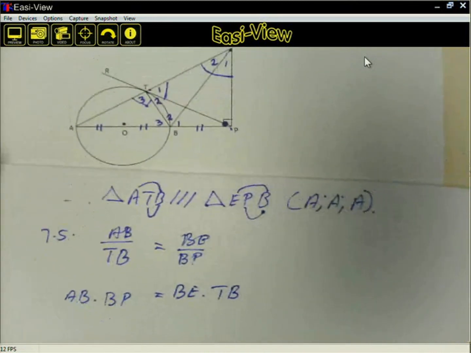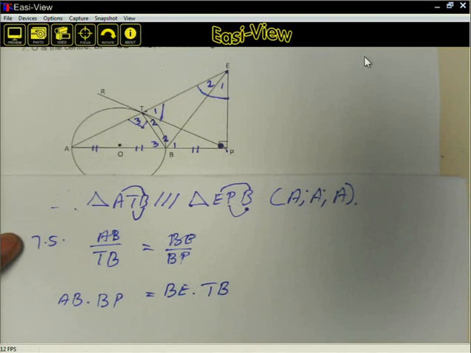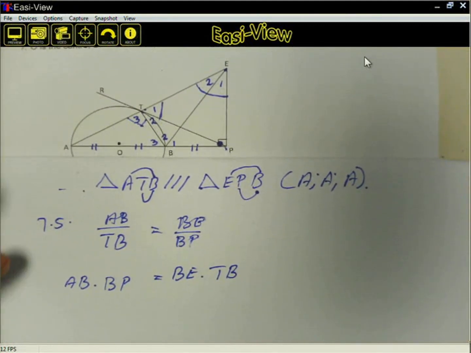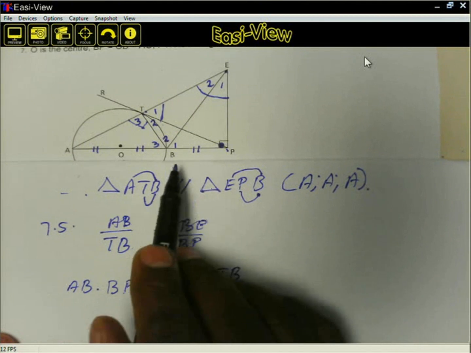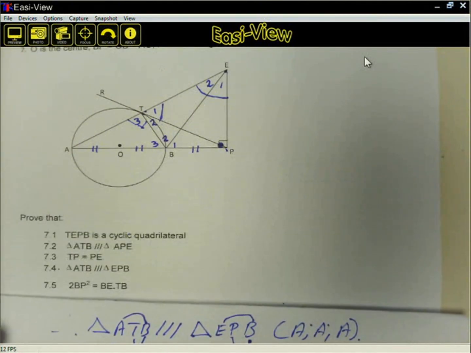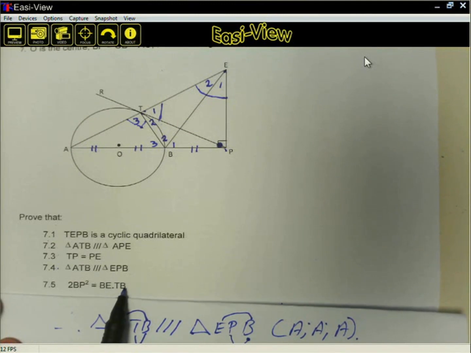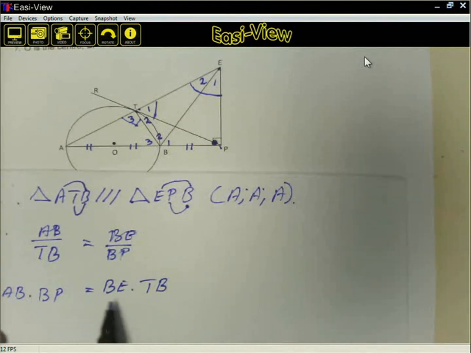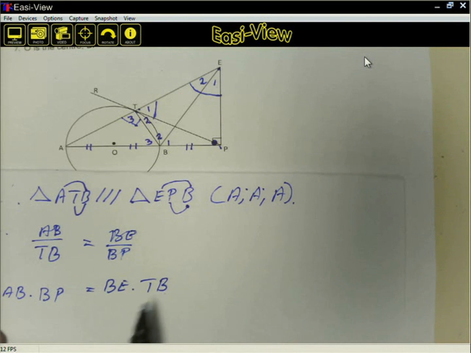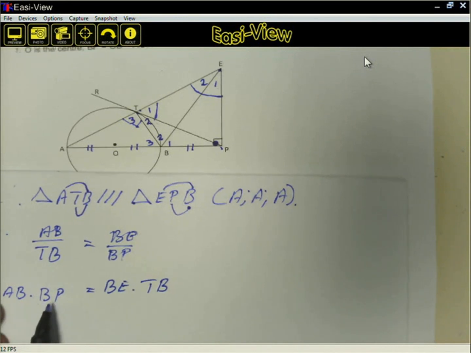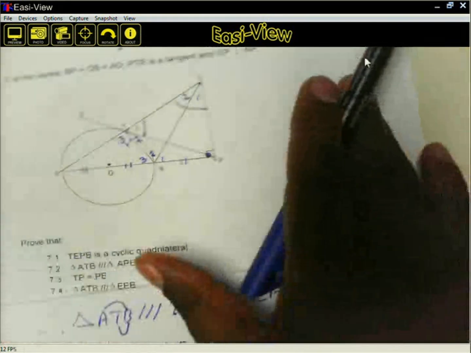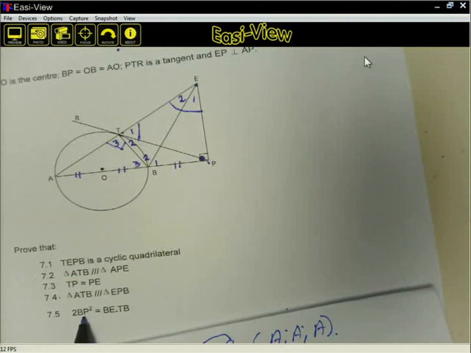Let's go back to the diagram. We are at this stage now. We've got BP, and remember the required to prove part has got BP squared. We already have BE multiplied by TB. But we've got AB and BP here, so everything must be expressed in terms of BP.